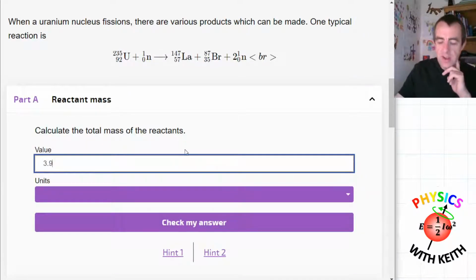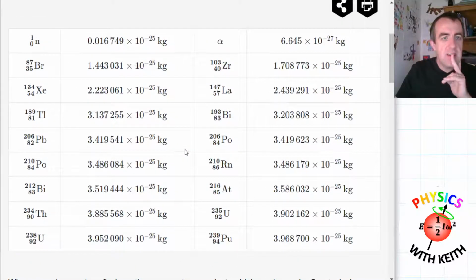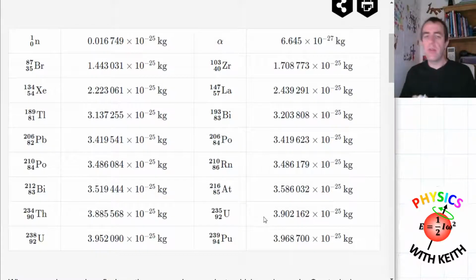Now, significant figure-wise, the neutron mass is given to 5 significant figures, and the uranium mass is given to 7 significant figures. And why is it so many significant figures? It's because when it comes to nuclear physics, we tend to be working on differences in mass compared to these numbers, in the last few significant figures. So we need a lot of significant figures.